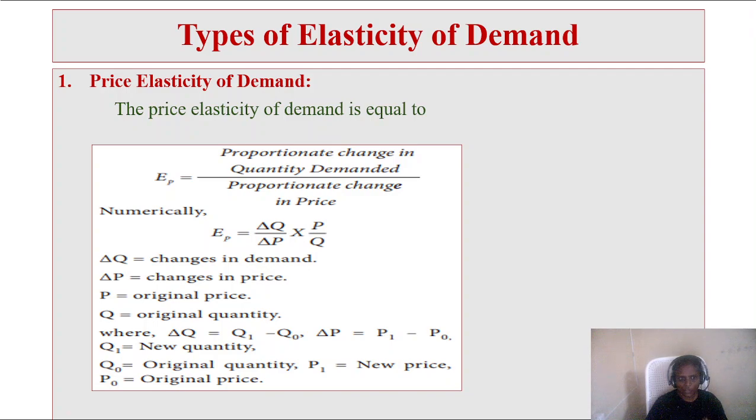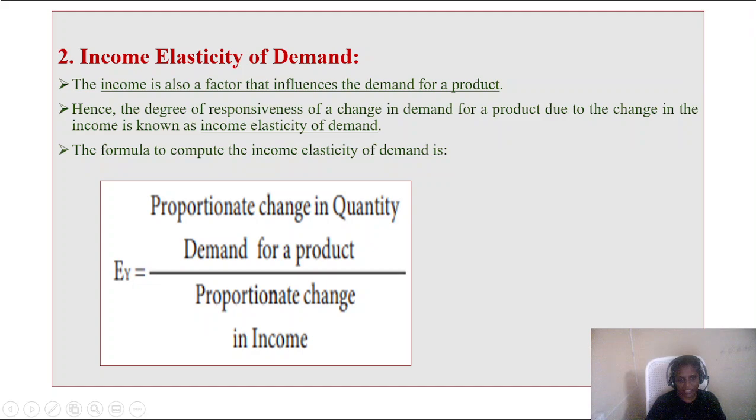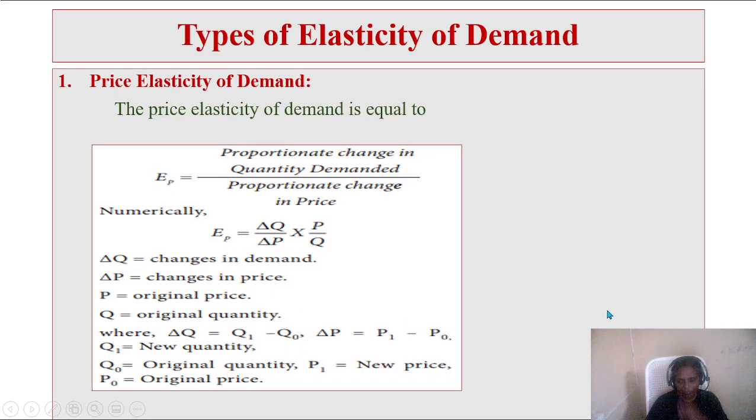This is how we are measuring the price elasticity of demand. Whenever there is a change in the price level, how far does the quantity demanded change, whether increasing or decreasing?